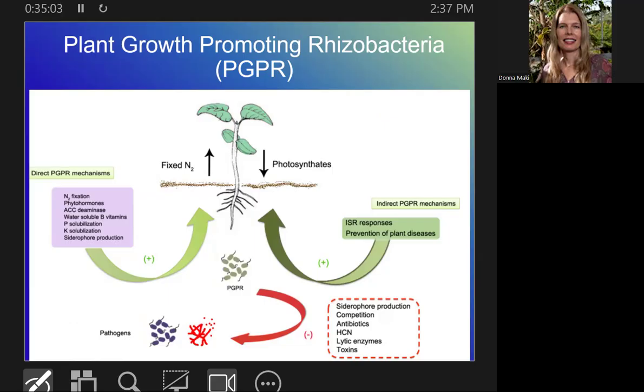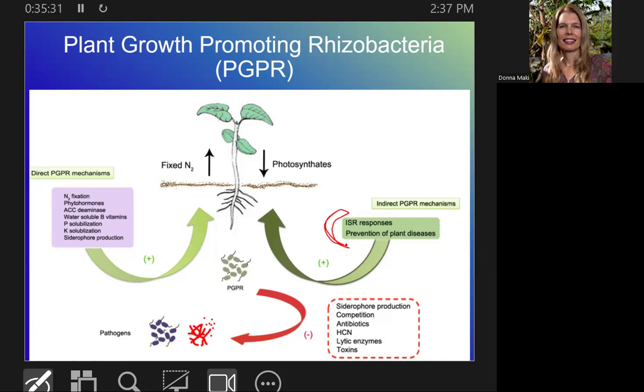So here, this prevention of plant disease, ISR responses, it's this idea that the microbes that associate with the plant can actually influence the plant's immune system, in the sense that we know that microbes can chemically warn the plant, so to speak, that there are certain pathogens nearby.